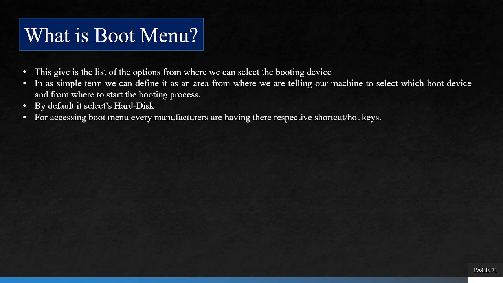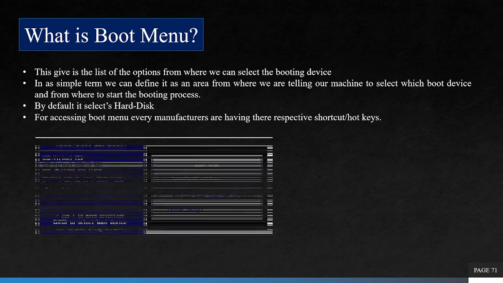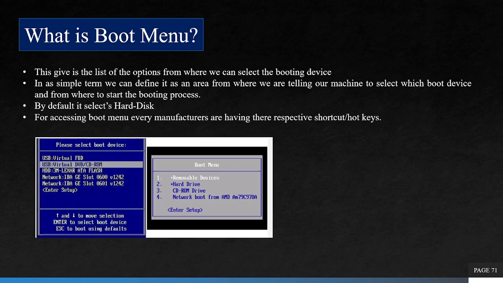For accessing the boot menu, every manufacturer has its respective shortcut or hotkeys. Once you access it, you get a representation like this: a boot menu from where you can select your device. If I want to boot from the network, I'll boot it from the network.